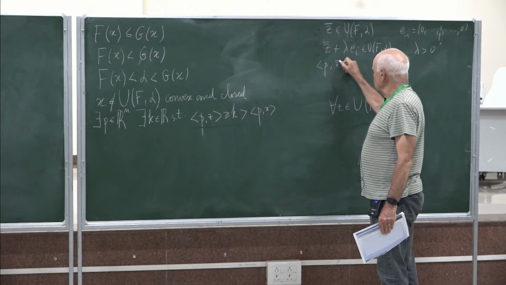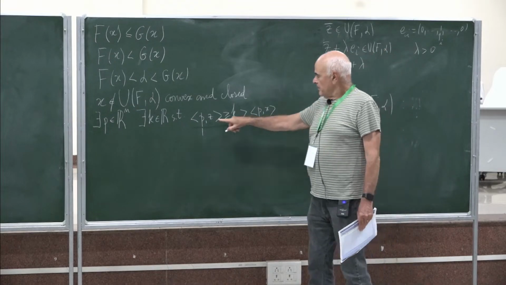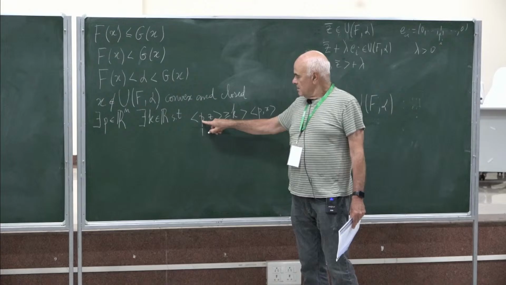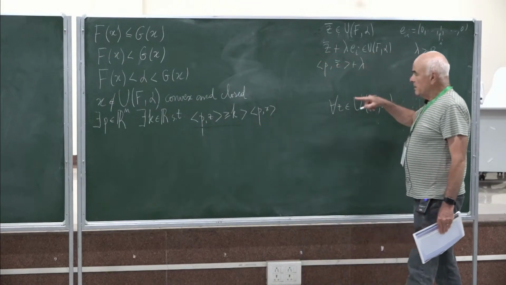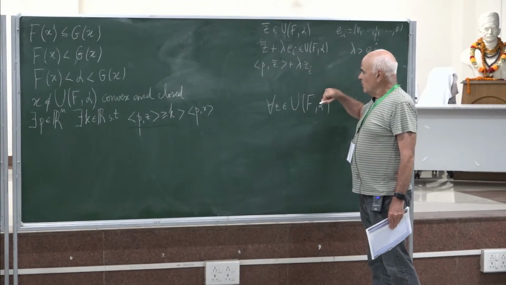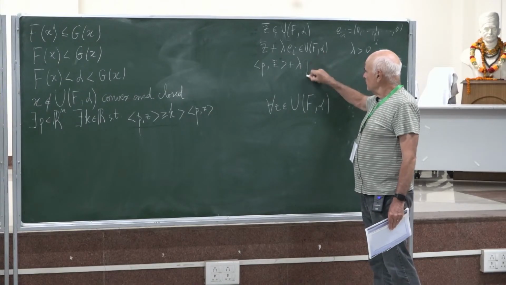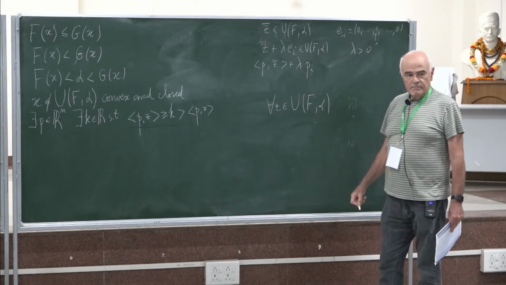But then if we multiply Ei with Z, we get the ith component of P. Okay?